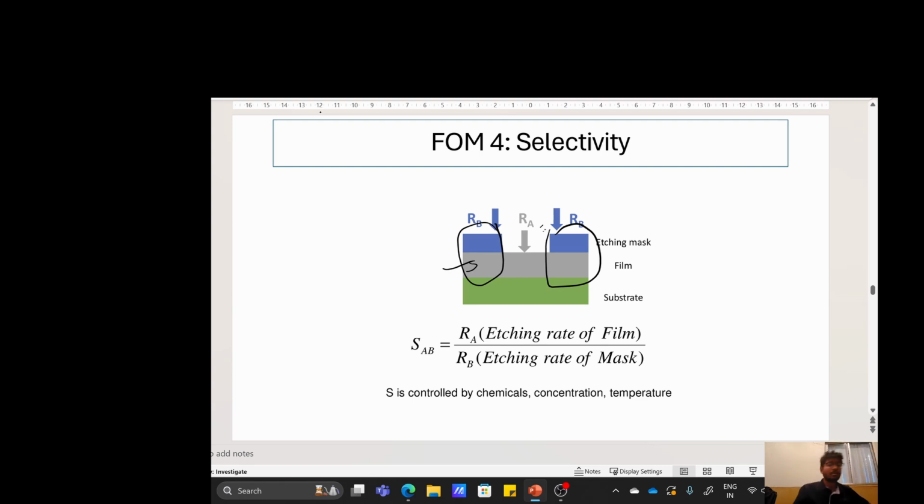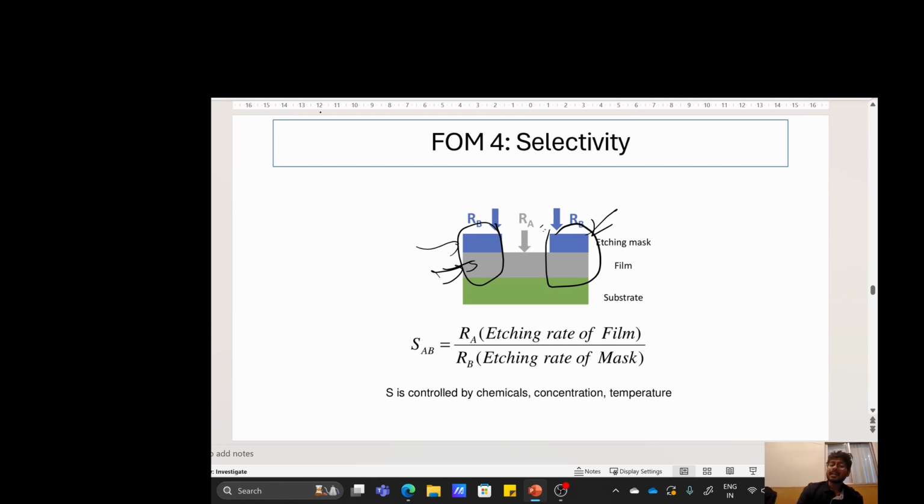During the subtractive process, the photoresist material is also getting etched, and this material is also getting etched.